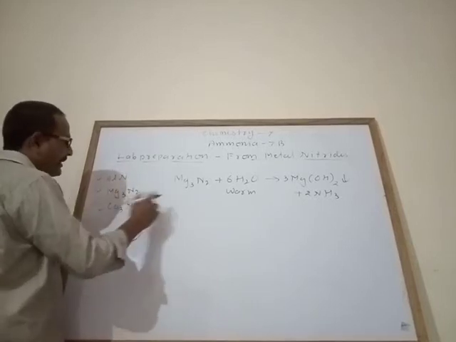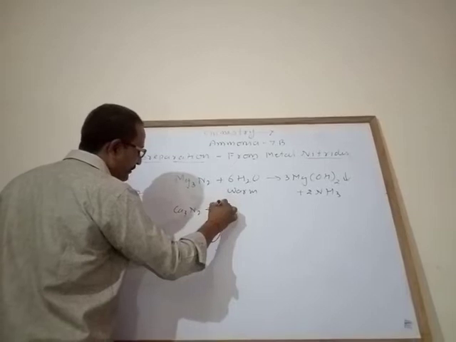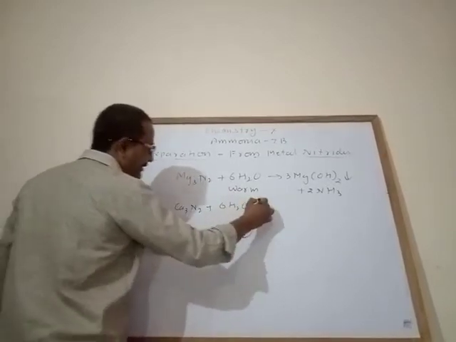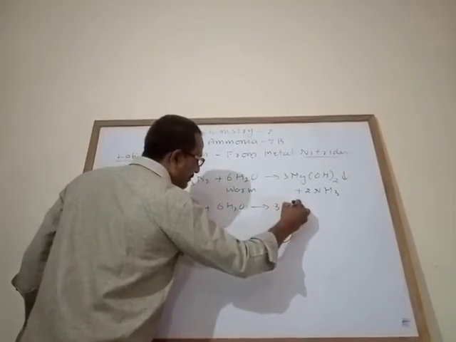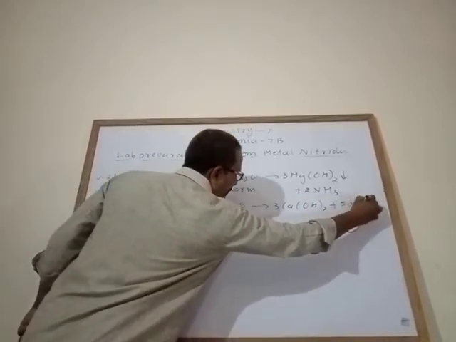Now calcium nitride when it reacts with warm water forms calcium hydroxide and ammonia gas.